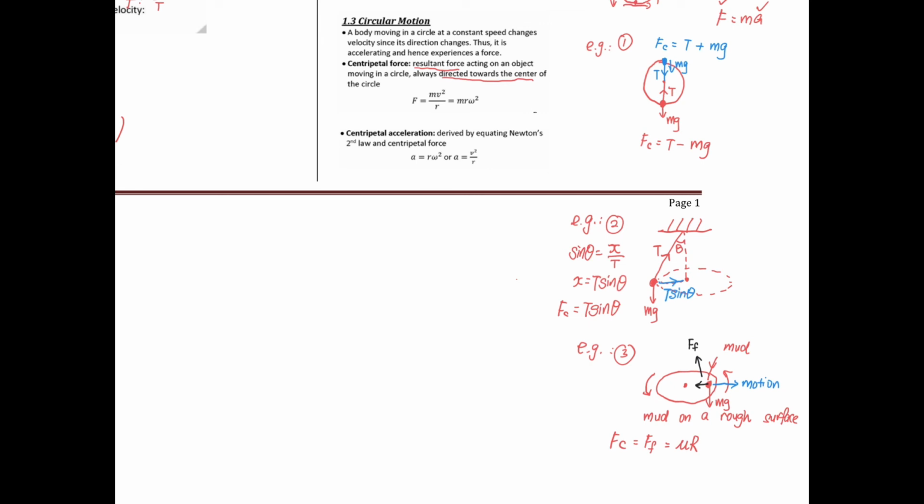Okay, so I already gave 3 examples for centripetal force. Now let's move on and see the formula. Centripetal force is mv square over r. Centripetal force is also mr omega square.